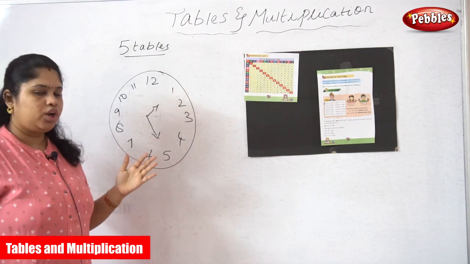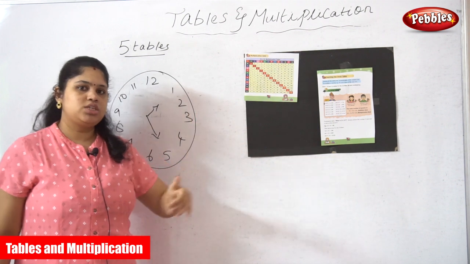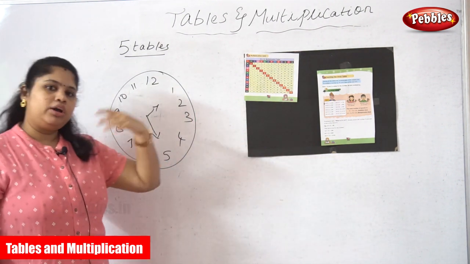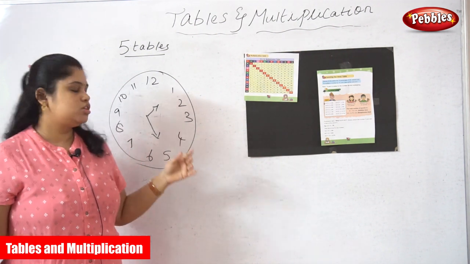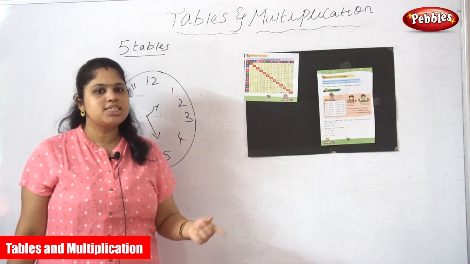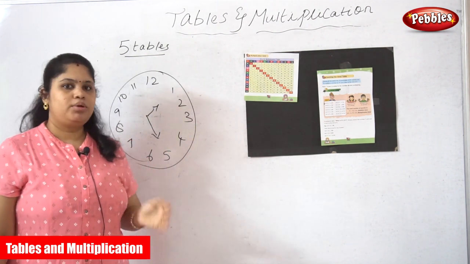You know it already. If the children watching are in second standard, they will already have learned about the clock, isn't it, children? The small hand tells about the hours and the big hand tells about how many minutes.